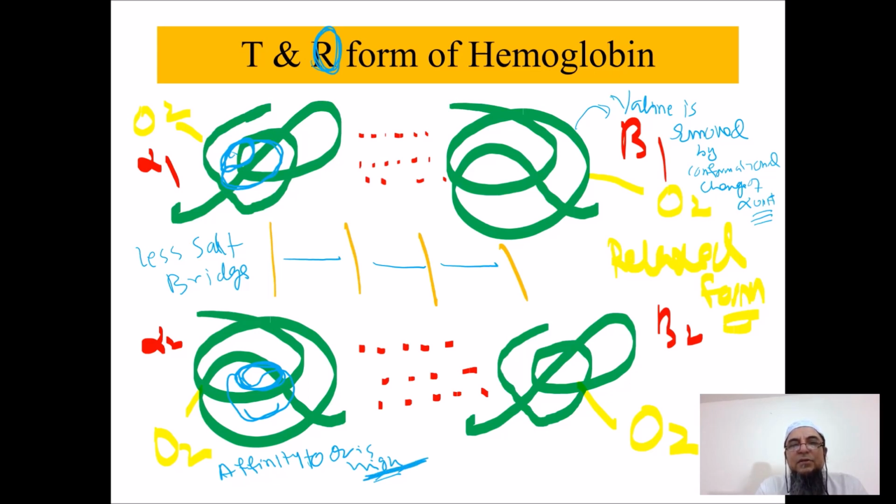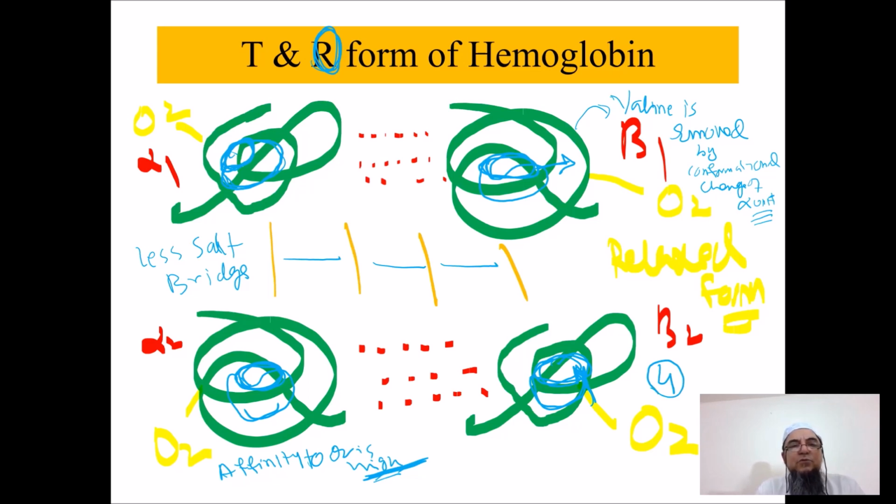Then the structural change in this molecule will open the heme pocket in the beta subunit as well by removing the valine. When the valine is removed, the heme pocket becomes open, and then oxygen comes and enters here. So in this case, the R form has 4 molecules of oxygen.